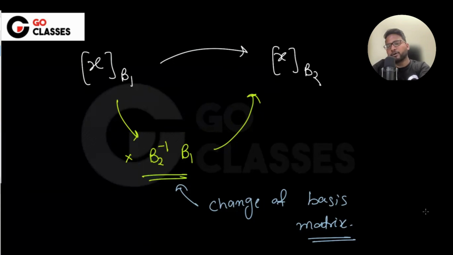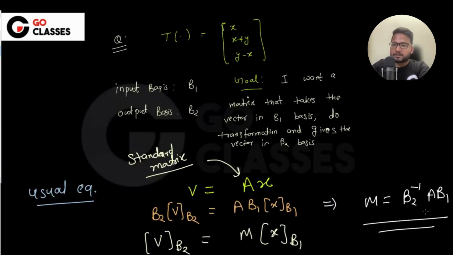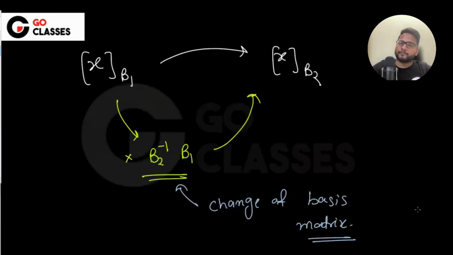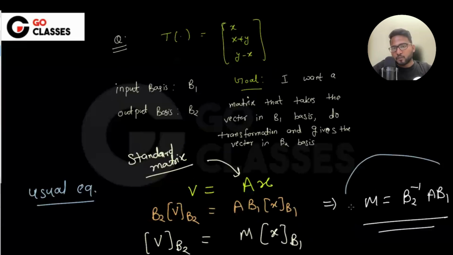See here, if A is identity, then your linear transformation is nothing, it is not doing anything. So if it is from B1 to B2, then it is just a change of basis matrix. Okay, if it is identity. Anyway, but is this calculation fine to everyone? This is more important for now.